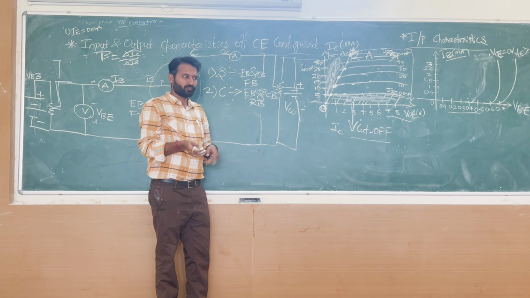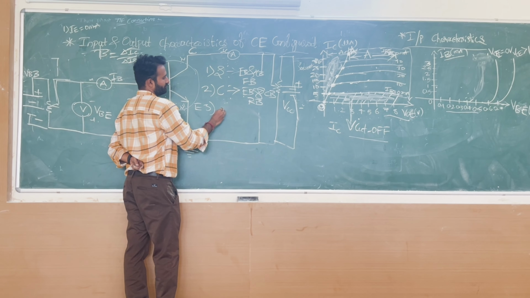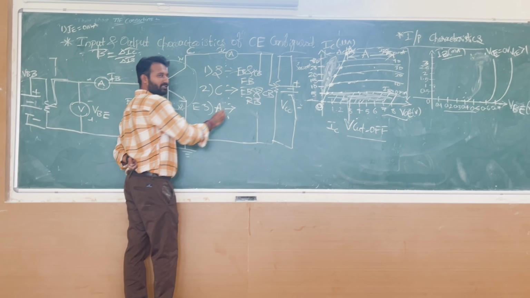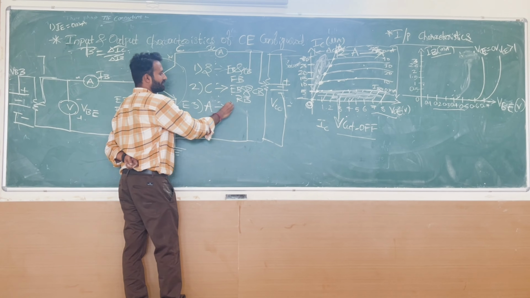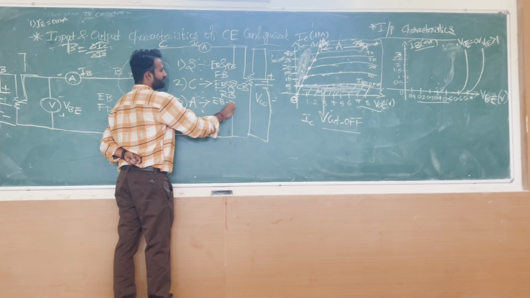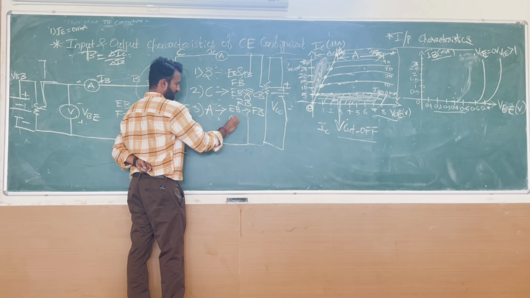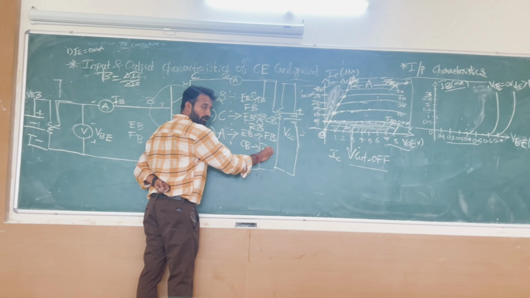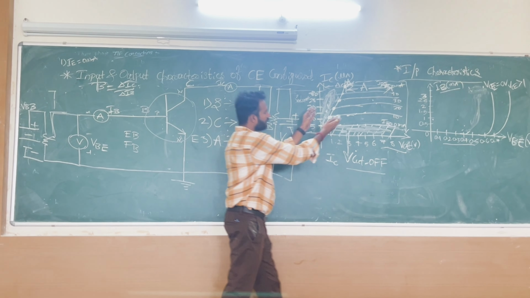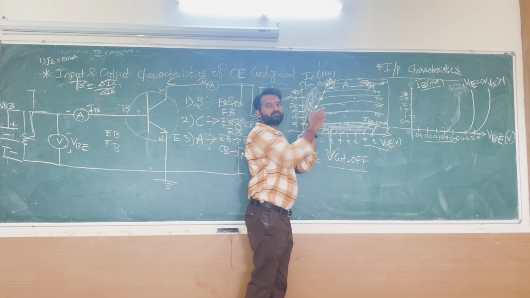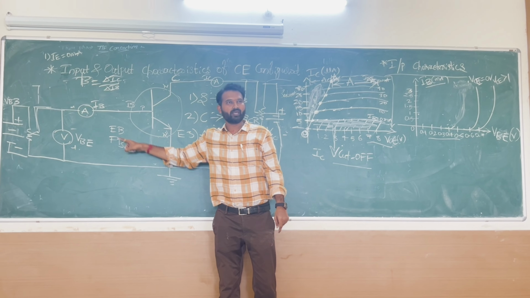Now what is the last region? Active. In this region, the emitter base junction is under forward bias and the collector base junction is under reverse bias. Because here I have only the IB current, EB is forward bias.